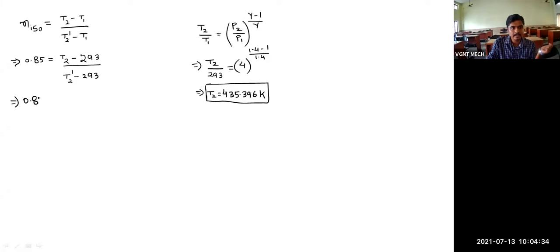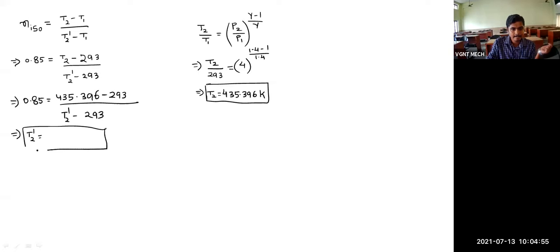Now this T2 value we will apply here and we will get T2 dash. So 0.85 is equal to T2, which is 435.396 minus 293, divided by T2 dash minus 290. From this equation, tell me how much T2 dash value we are getting, the actual temperature.